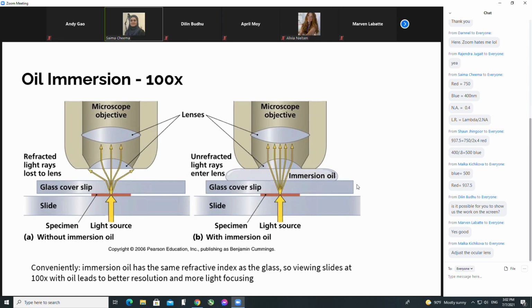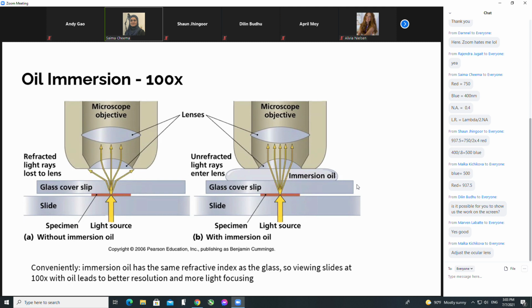Okay, so any other questions? So do you put just a very small drop of oil? Yeah, it comes with a dropper, and when you add a drop, it will add enough so that you can have a film.